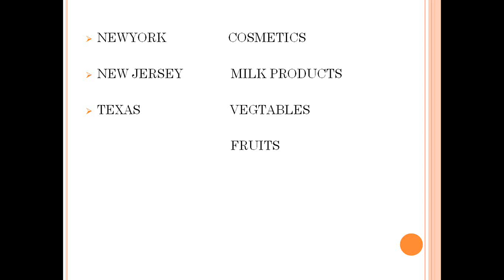Now, he has given 3 regions of the US: New Jersey, New York, and Texas. As well as he has given some business areas. Of course, he has many business areas, from A to Z, everything is available in Walmart, isn't it?